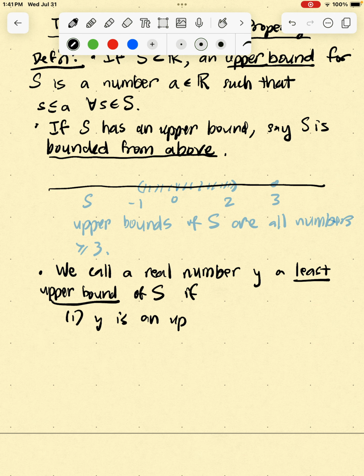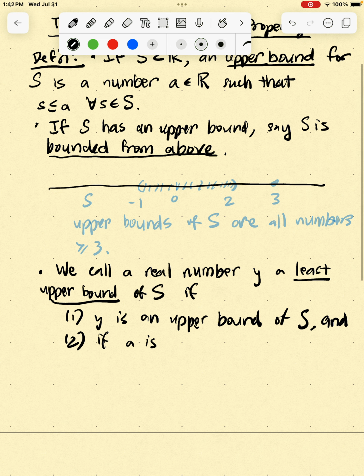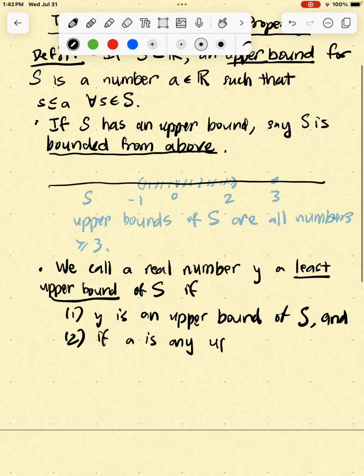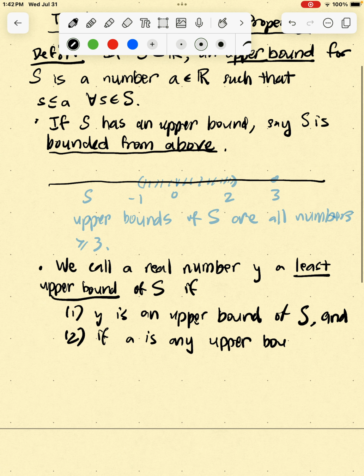In order to be a least upper bound, y needs to be an upper bound of S in the first place. And the second thing is, as you might expect, it needs to be less than or equal to any other upper bound for S. So if A is any upper bound for S, then y is less than or equal to A.